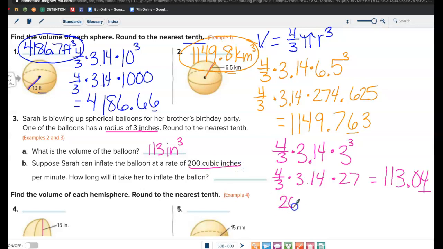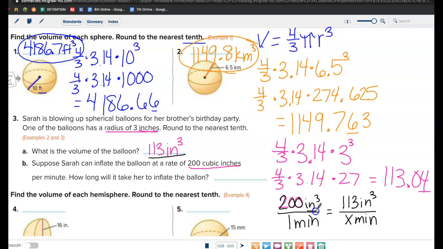So it's 200 cubic inches, so inches cubed, per 1 minute. There's the first rate, and that was given to me in the problem. And we're going to set that equal to our volume, which we found is 113 inches cubed, and we don't know how long that's going to take, so x minutes.